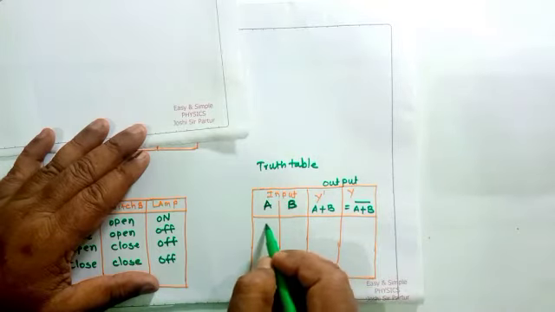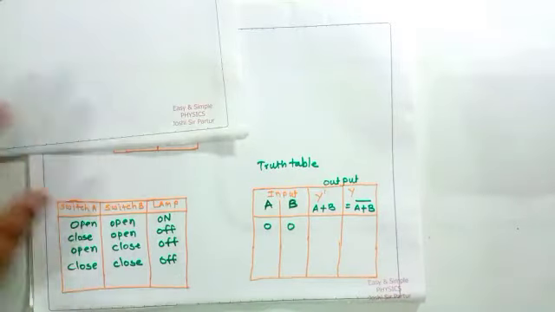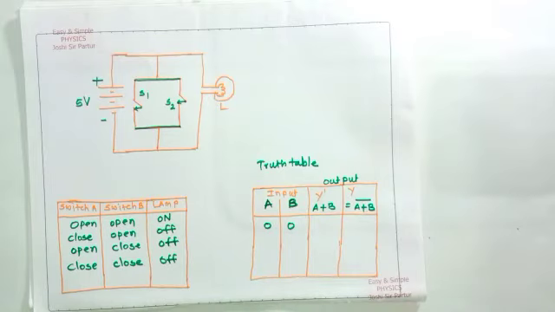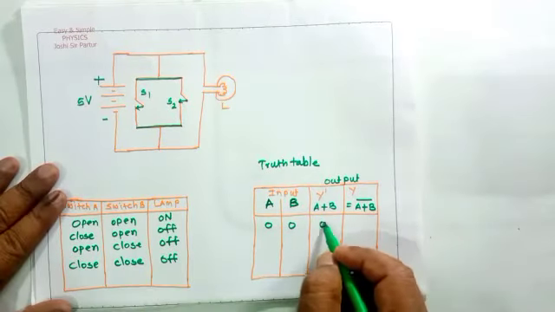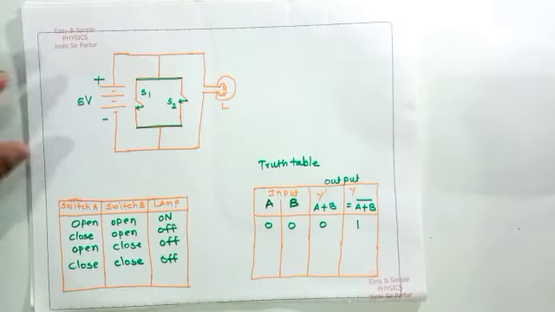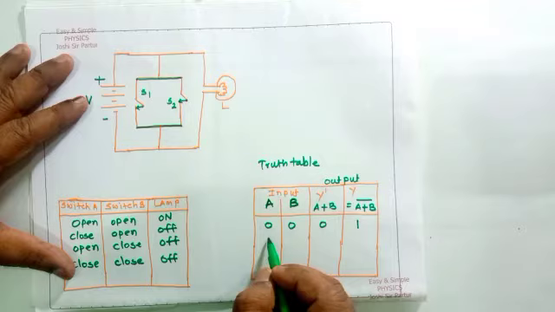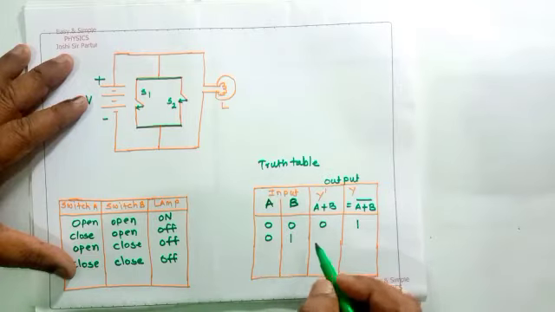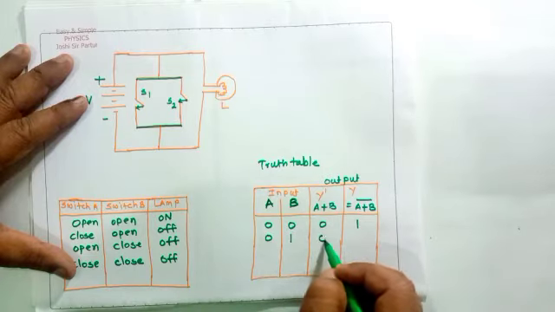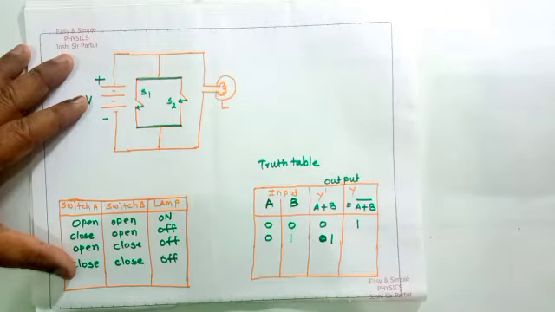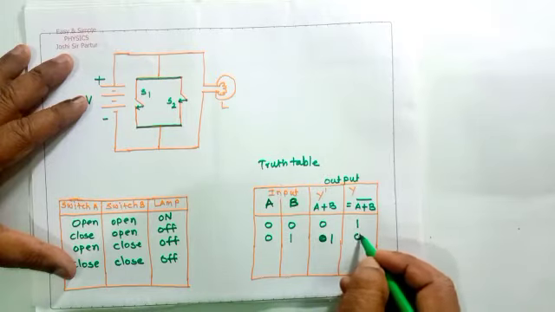If both inputs A and B are low, the output Y dash is also low and its complement will be high. When input A is low and input B is high, output Y dash is high and the complement of Y dash will be low.